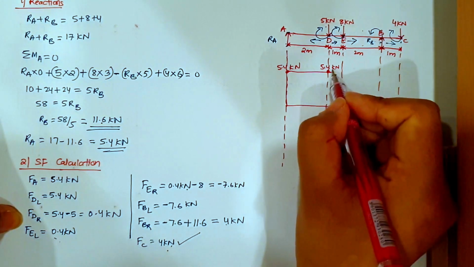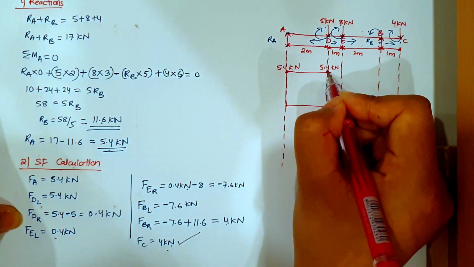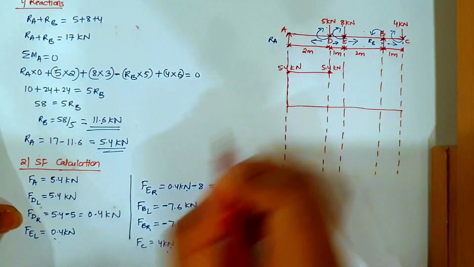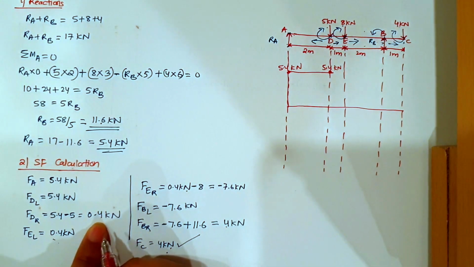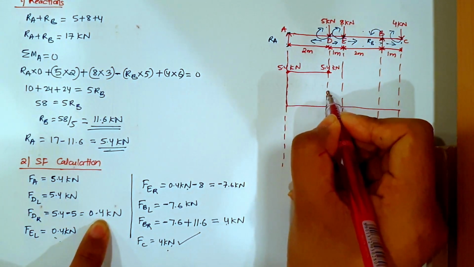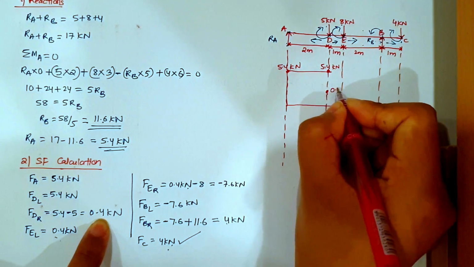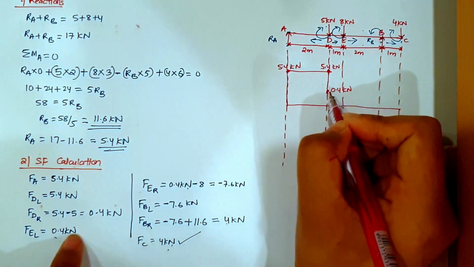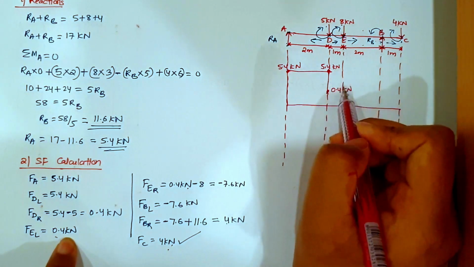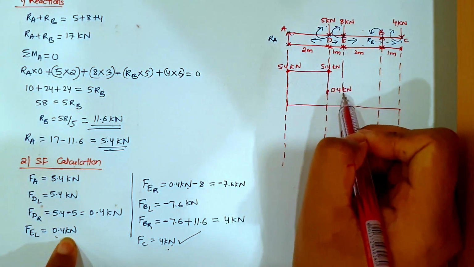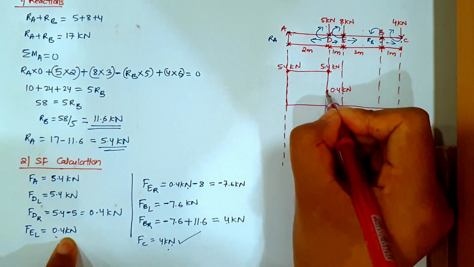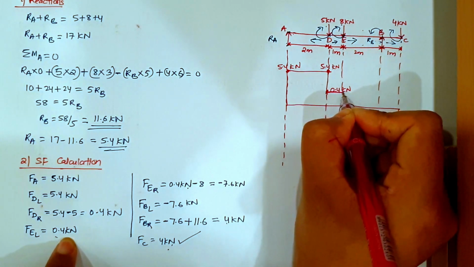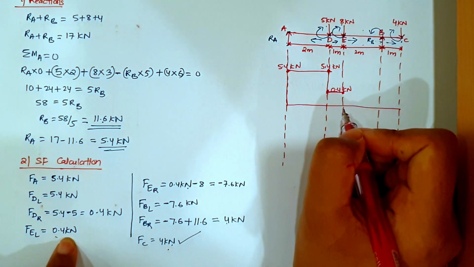And now towards D, when it is going in the right hand side direction, it is decreasing and becoming 0.4. So it is becoming 0.4 kilonewton here. Let's join the line. And towards E, again till E it is remaining 0.4. So it is going constant at 0.4.